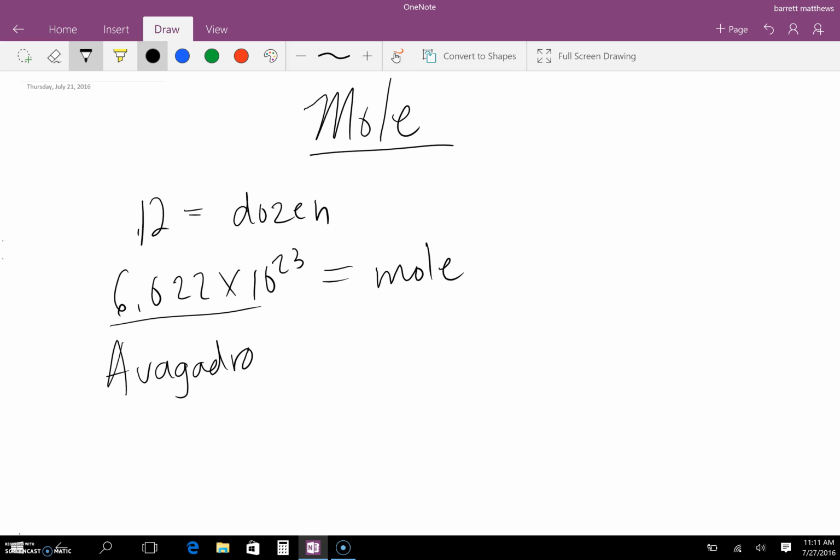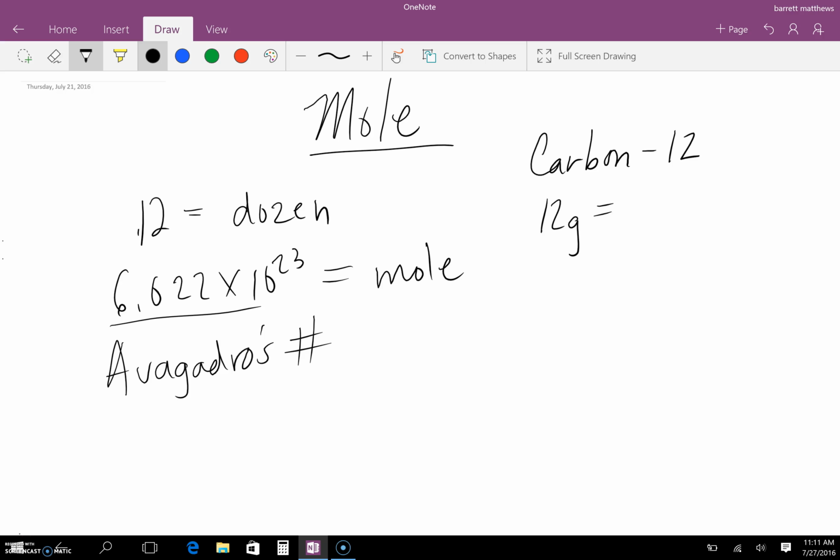This number is often referred to as Avogadro's number because Avogadro was a part of the research of this number. The majority of this work was based upon carbon 12 to be precise.